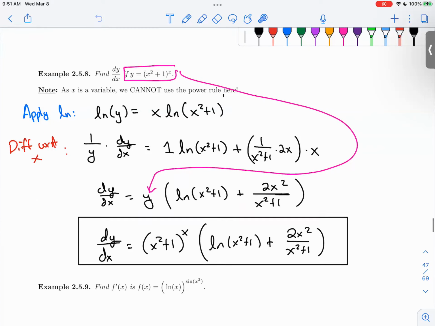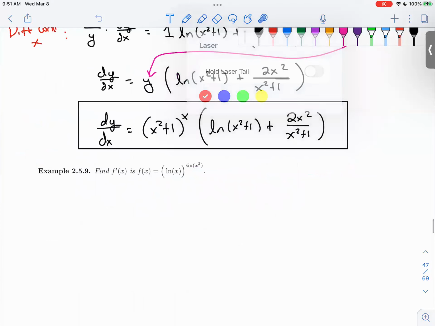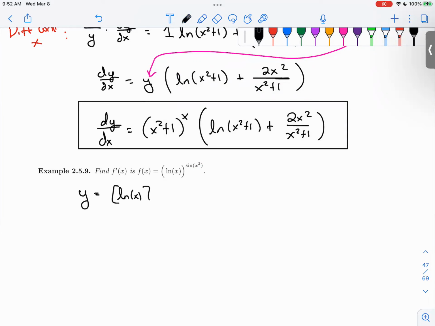For example, this one right here is another function raised to a function, variables raised to variables, so our only option is logarithmic differentiation. Yes, it does say f of x, but we can just rewrite that as y, because a function is just renaming y equals blah to f of x or g of x. So we're going to make it y equals ln of x raised to the sine of x squared.